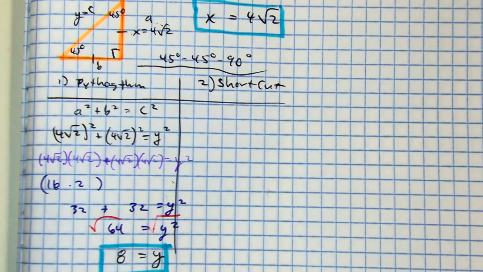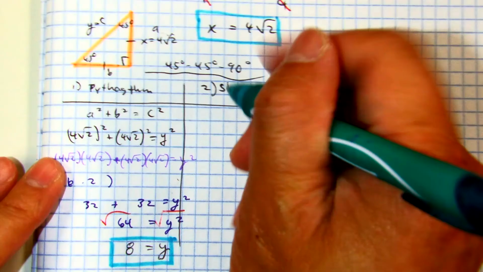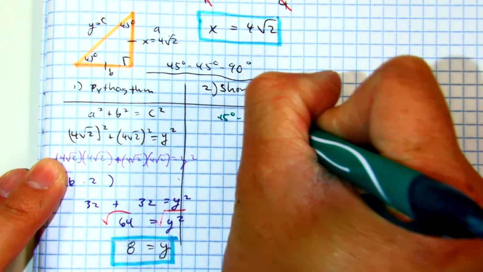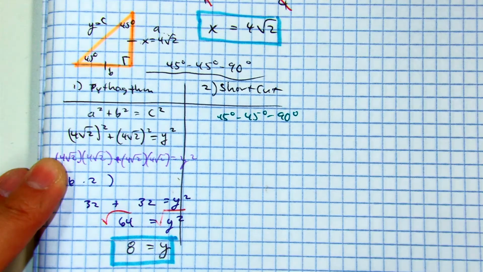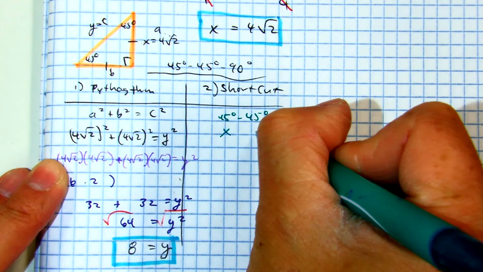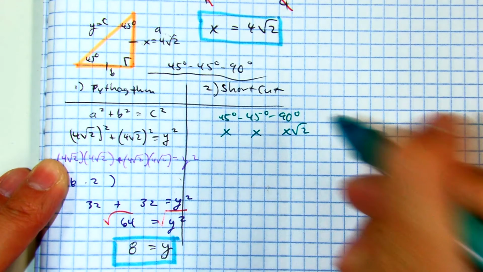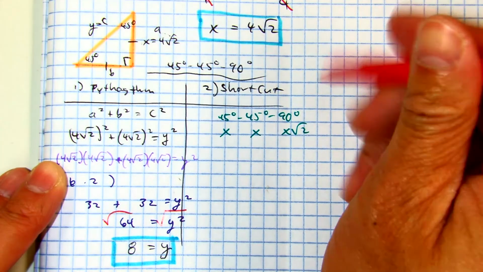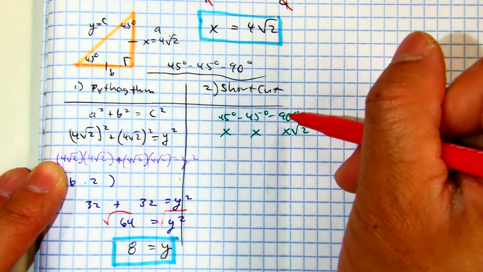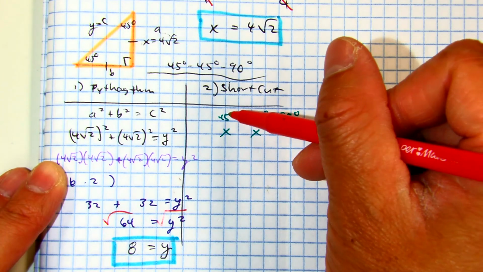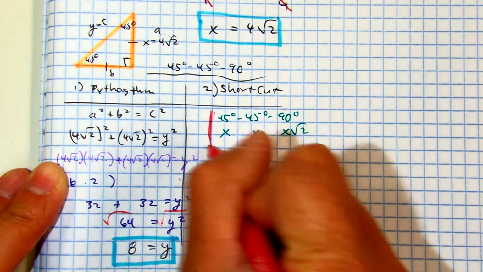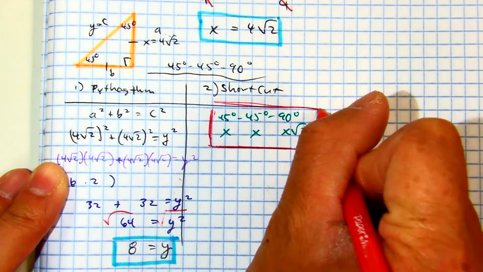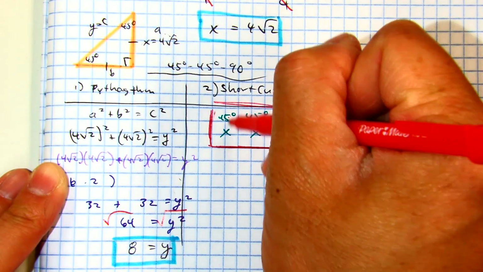Same triangle. We're going to get this answer. 45, 45, 90. Your answer is going to be x, x, x radical 2. What I'm going to do is label the triangle with these. Let's use red. So across the 45, this will be called x.